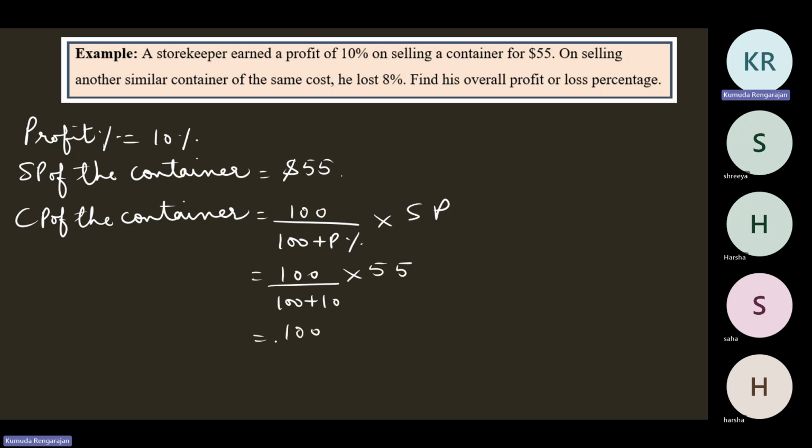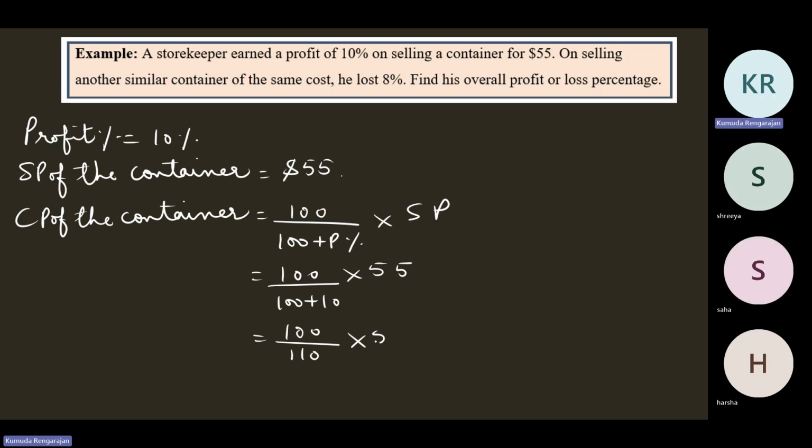So 100 by 110 into 55. 55 ones are 55, twos are 110, 2 ones are 2, 50. So the cost price of the container is $50. Now read the question ahead.